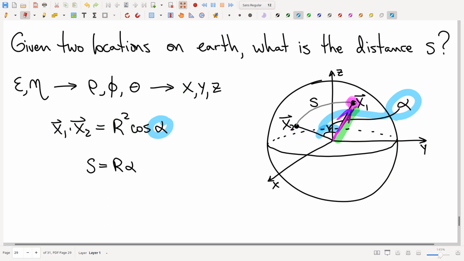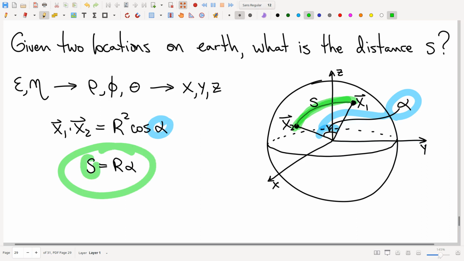And once you know alpha, it's all over but the shouting, because after all, that angle and the distance that we're actually interested in are related by an easy old high school geometry formula, like so. So there you go. That's how you compute that distance without any heavy machinery. Everybody happy? Spherical coordinates are the foot in the door that makes that happen, right? Without spherical coordinates, this is much harder.